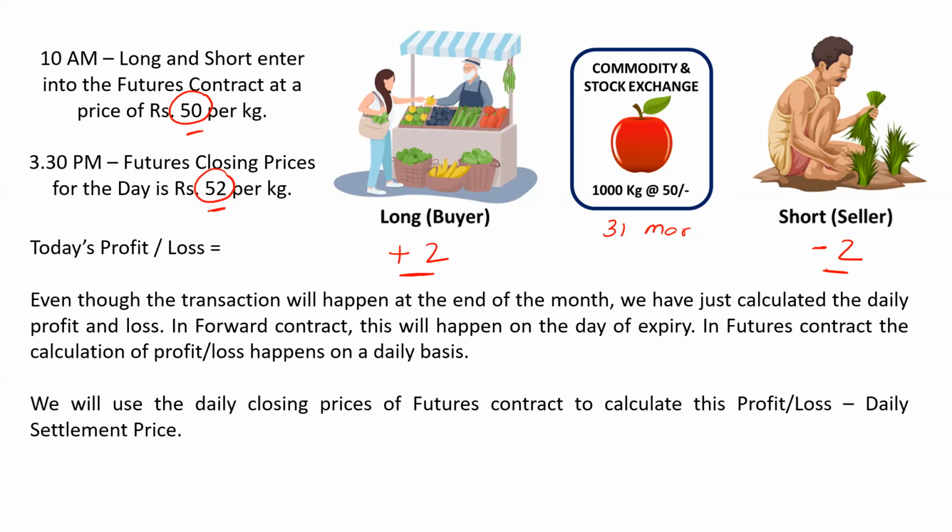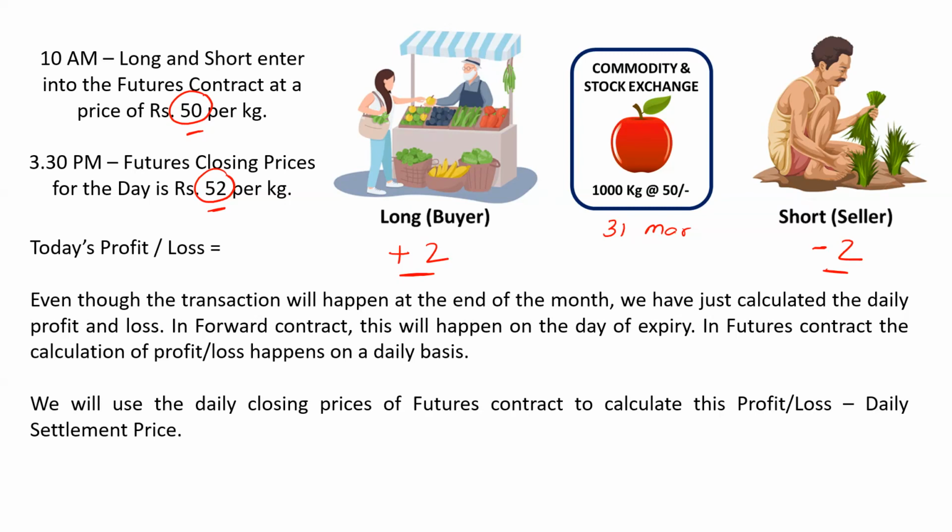The transaction between them is going to happen at the end of the month, which is 31st of March, but we have just calculated today's profit and loss. So in a forward contract, we do not calculate the daily profit and loss. We do this kind of calculation only on the day of the expiry when the contract is going to mature or when the transaction is going to be settled. But in a futures contract, we are going to do this on a daily basis.